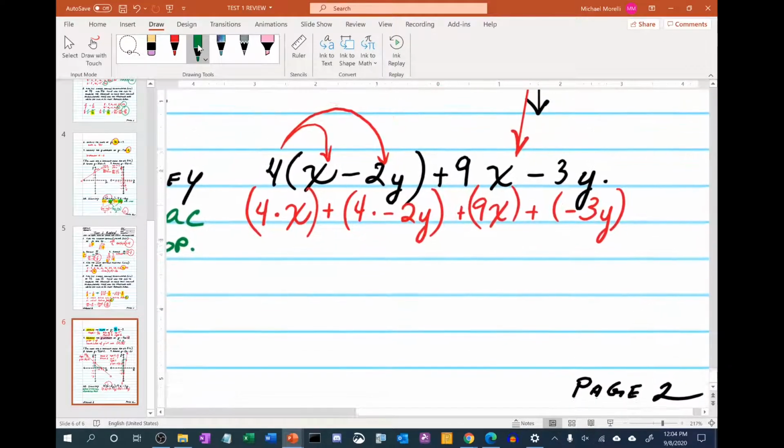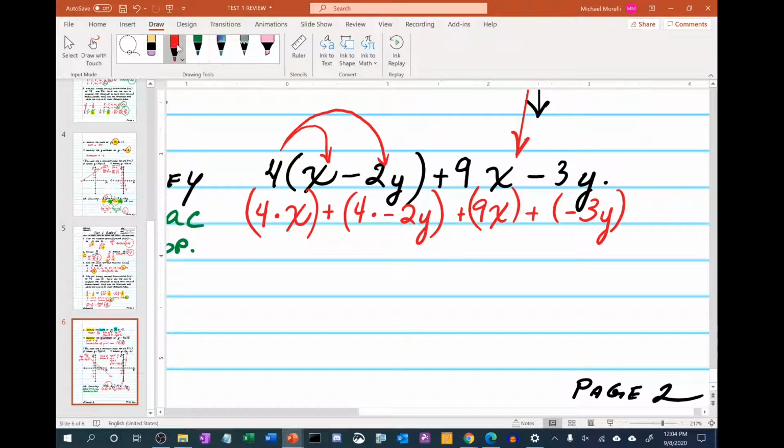Okay, so now we're going to simplify. 4 times x is just 4x. 4 times negative 2y is negative 8y. 9x is 9x. Negative 3y is negative 3y.